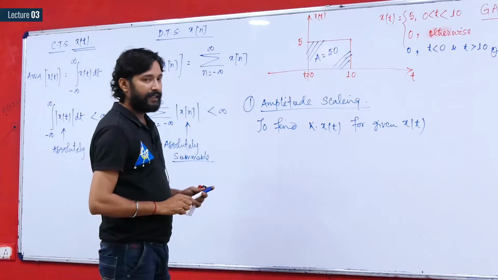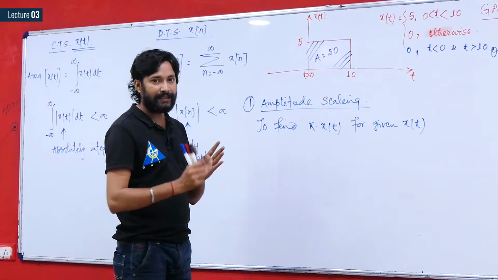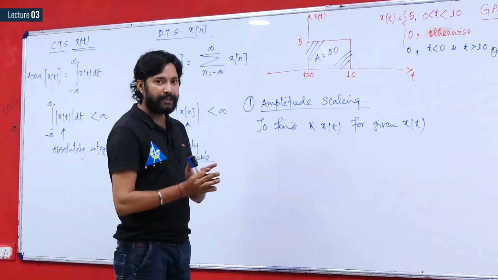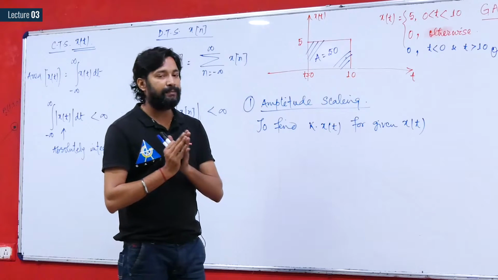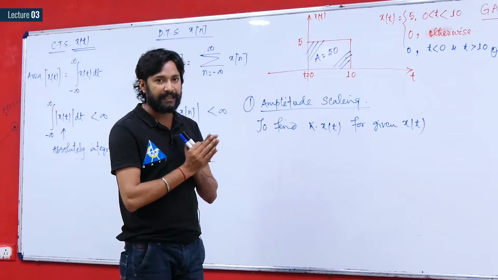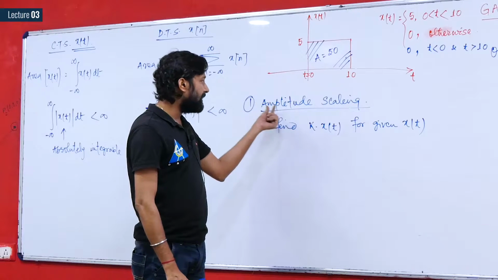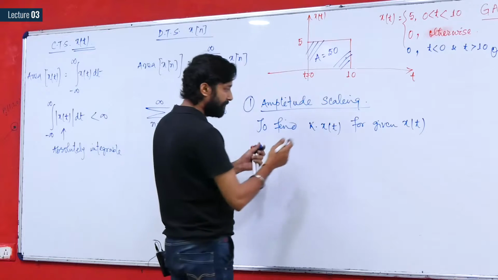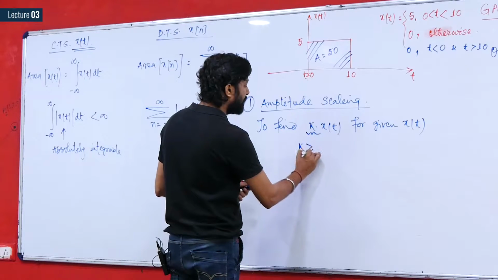Now if you see here, these first two operations that we have discussed earlier, amplitude scaling and amplitude reversal, in these two operations you can understand that you are just multiplying the signal by a scalar, that is by a constant. So this k is a constant, and for amplitude scaling only, this k would be greater than or equal to 0.